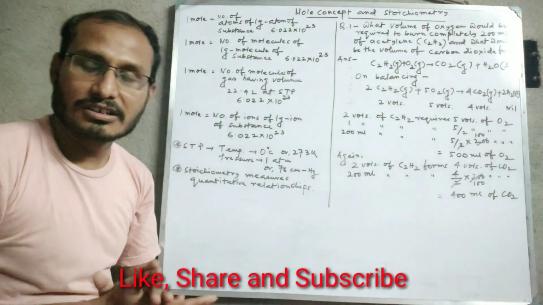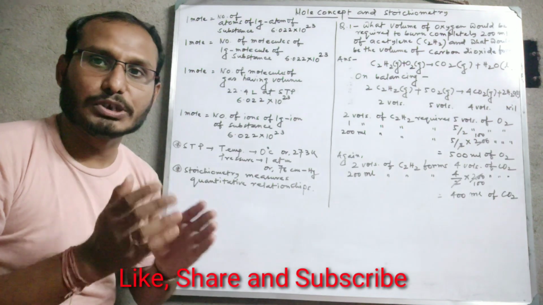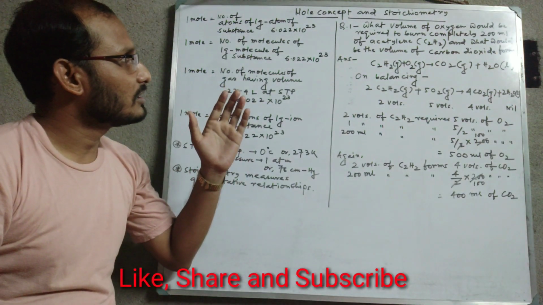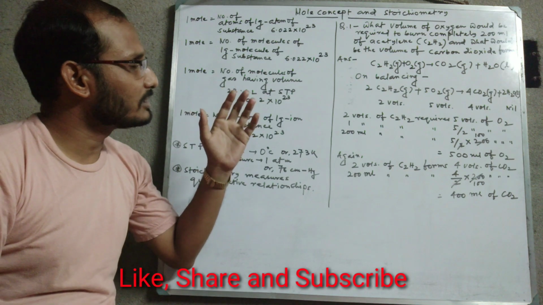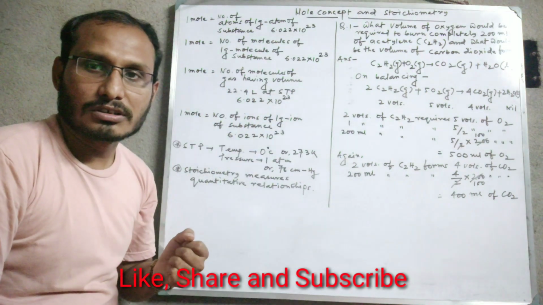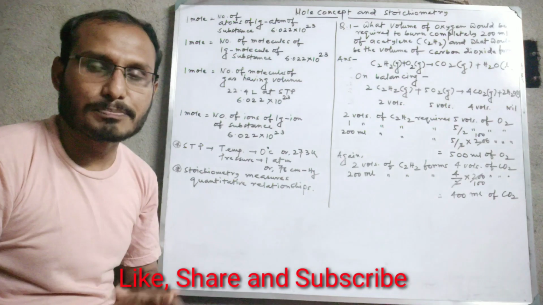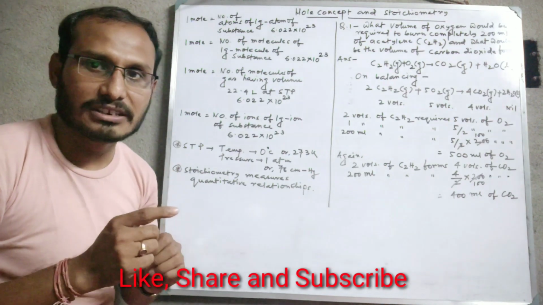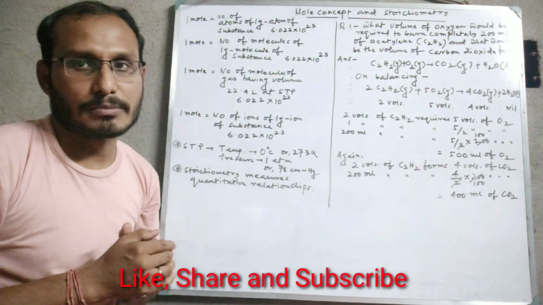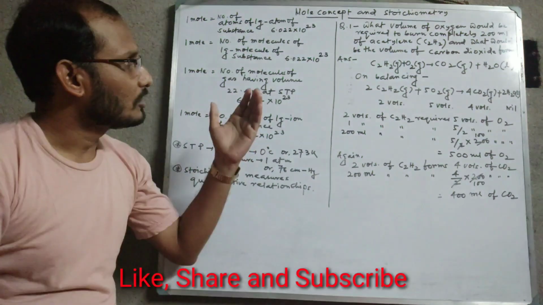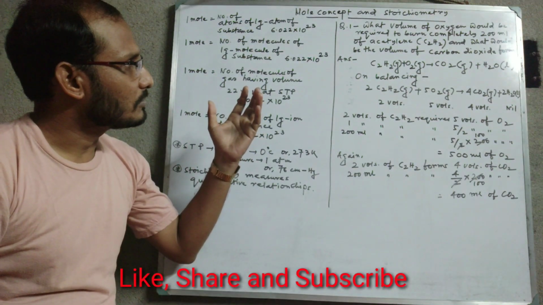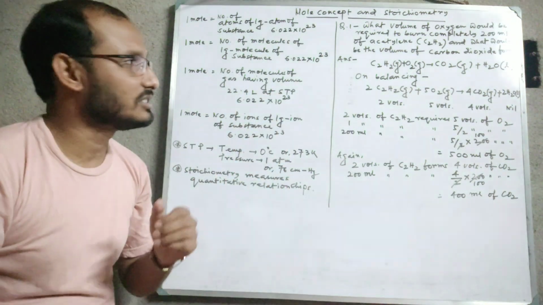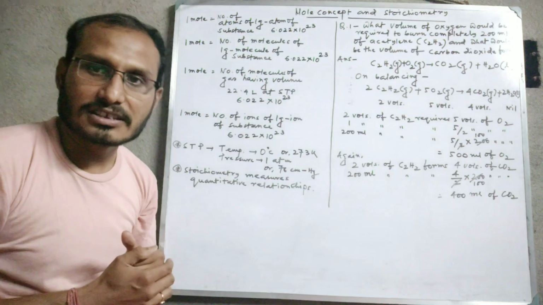The number 6.022 into 10 to the power 23 is the value of Avogadro number, which is represented as N suffix A, that is Avogadro number, and which was first calculated by the scientist Millikan.